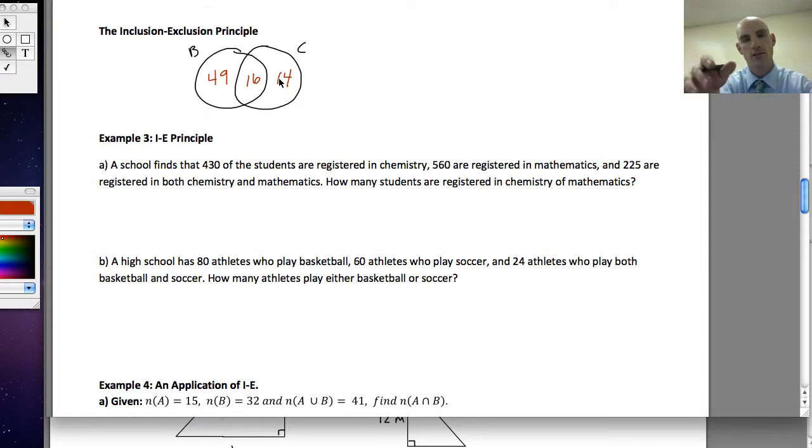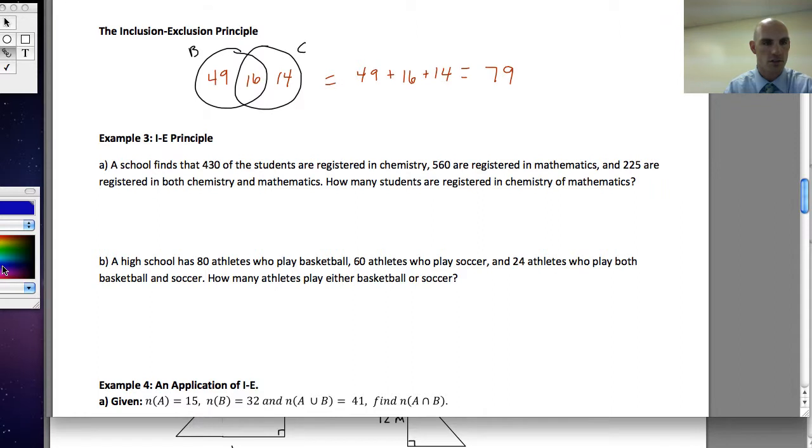Well, there's 49 plus 16 plus 14. 16 plus 14 is 30, plus 49 would be 79 total students. Well, that is the inclusion-exclusion principle. It's talking about including all the things but excluding a certain number of repeats so that we can figure out the number.